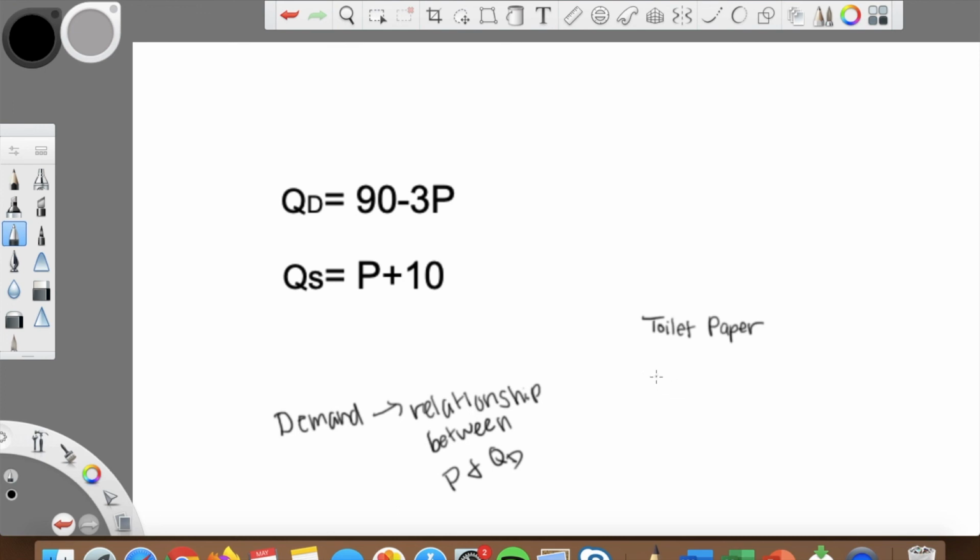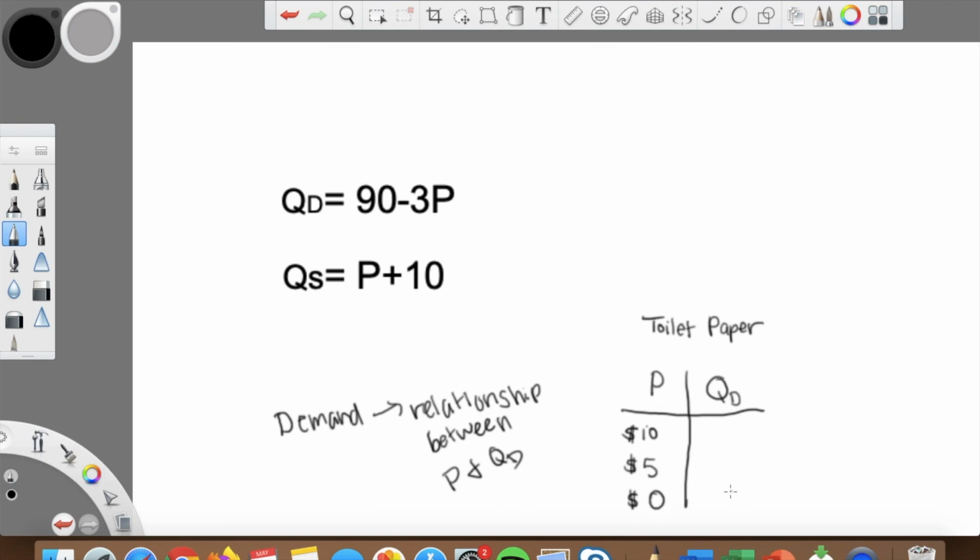And let's say I make a little table. I have different prices that I could sell the toilet paper for, and at each price I get a different quantity demanded from folks. So let's say I could sell toilet paper for $10 a roll, $5 a roll, or I could give it away for free.